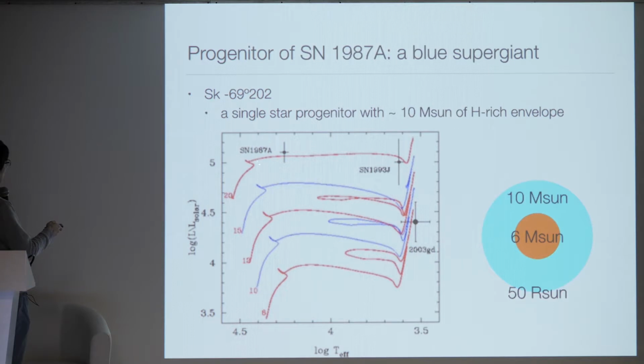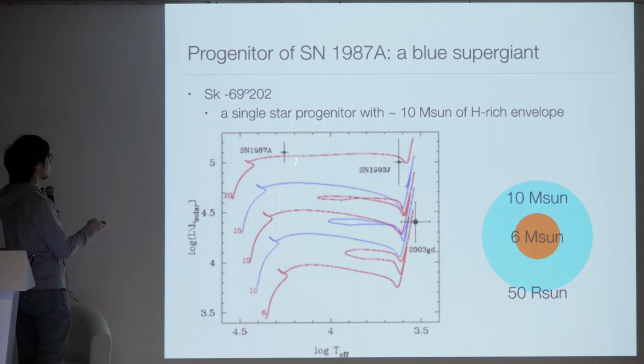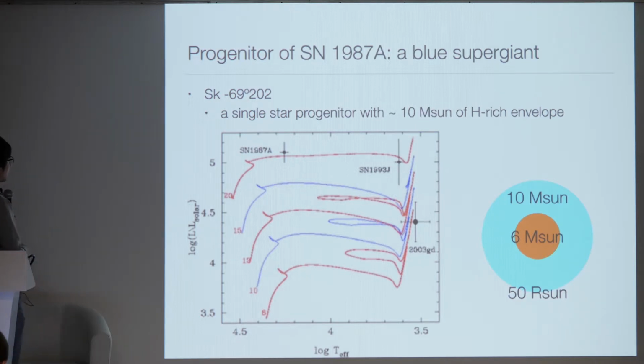So for 1987A, the progenitor was sitting there, and from single star evolution, you never expect a star to end up there. Another puzzling fact is that it has 10 solar masses of hydrogen-rich envelope and about 6 solar masses of helium core.